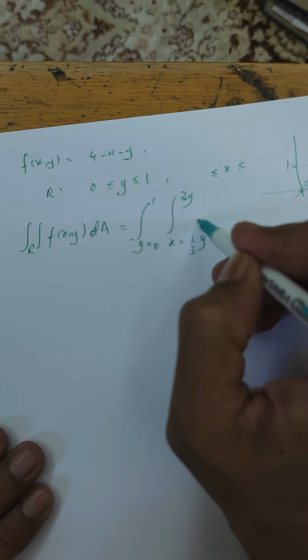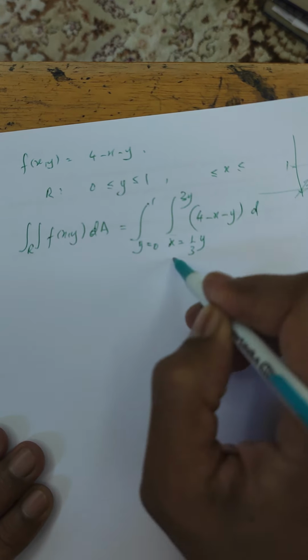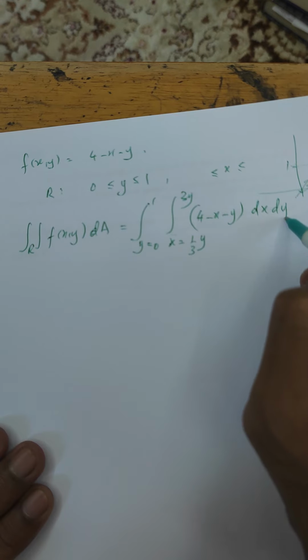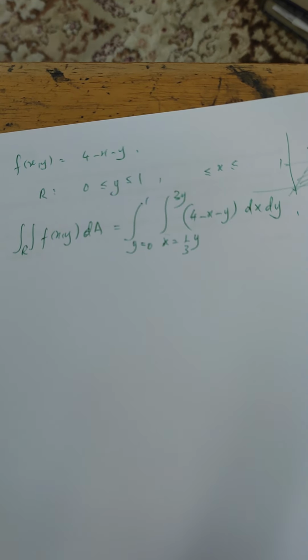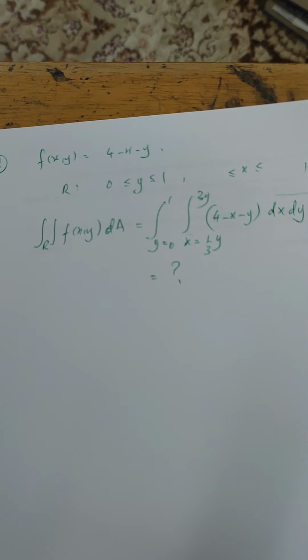Our f is 4 minus x minus y, dx dy. Again, you can solve that yourself.